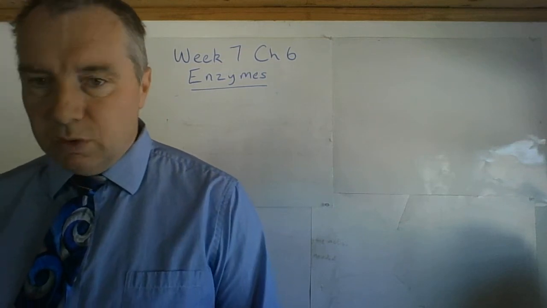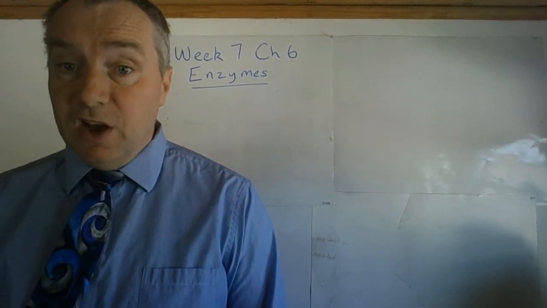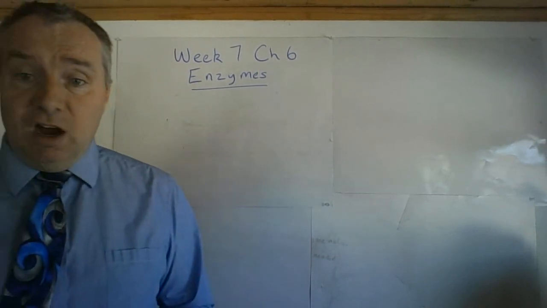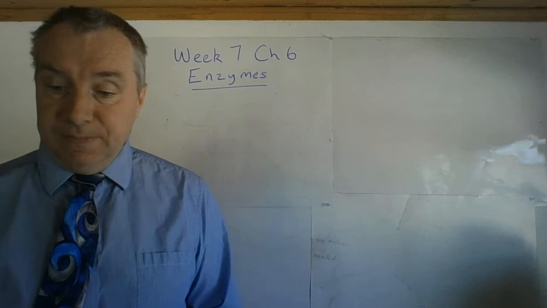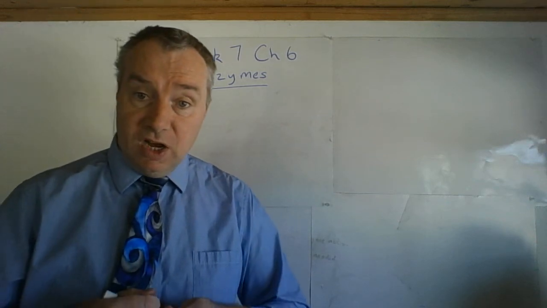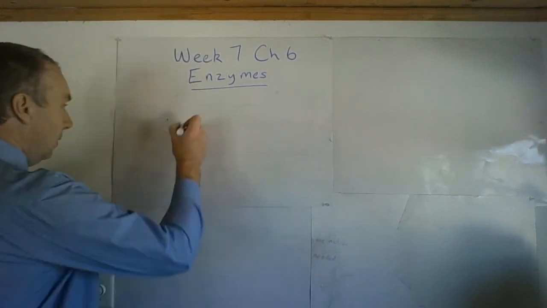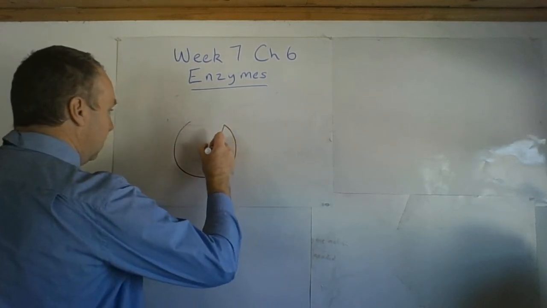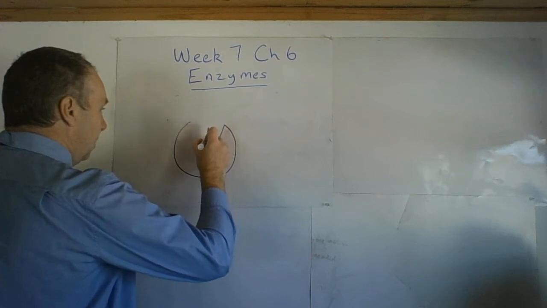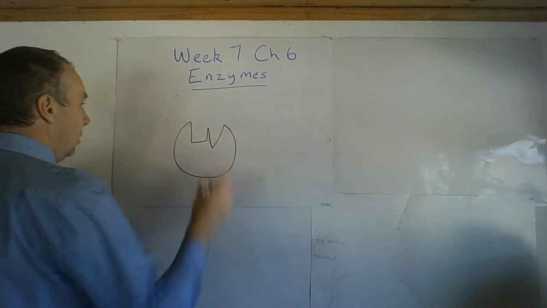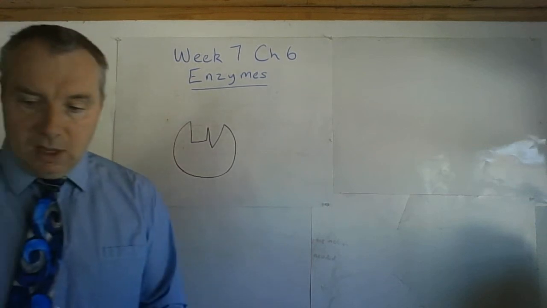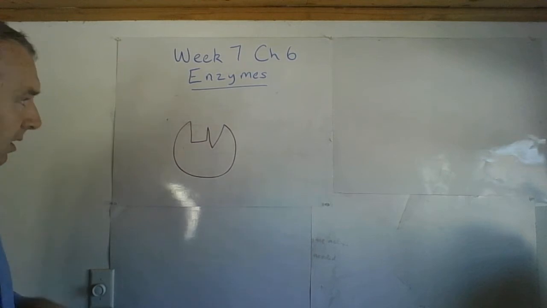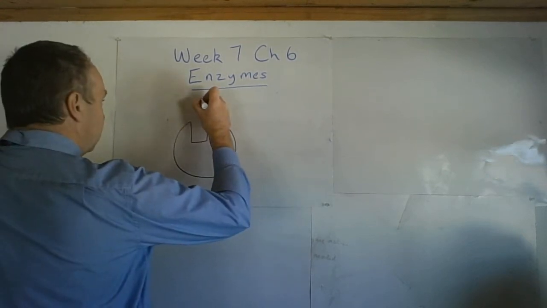So let's go through a few of these diagrams of product synthesis. Product synthesis is the making of a product by an enzyme. So let's first draw an enzyme. This is a model that you might see in your book. We have an enzyme here, and then we have a substrate.